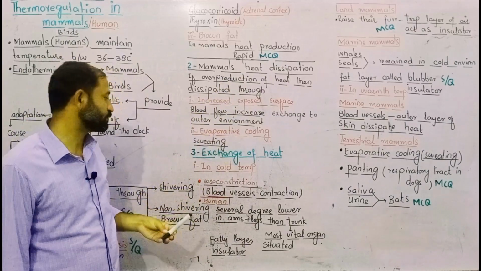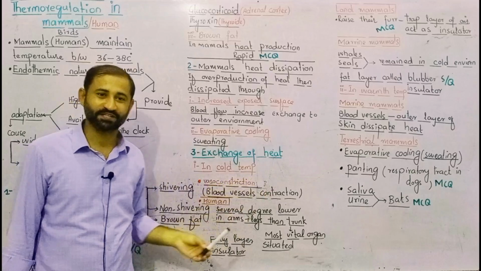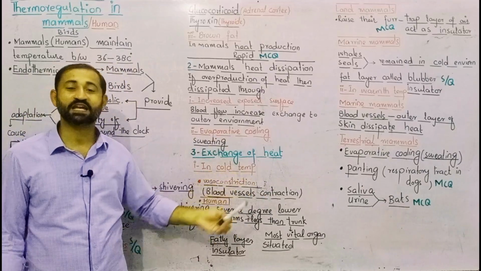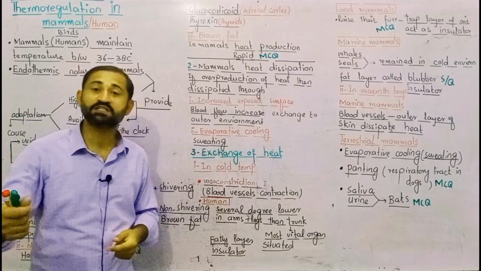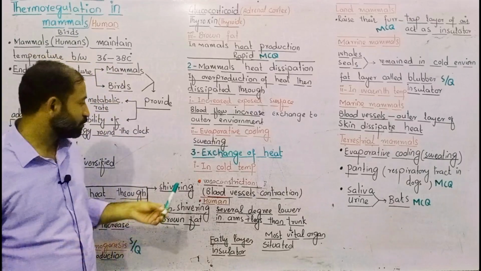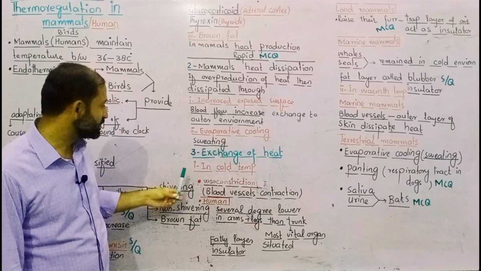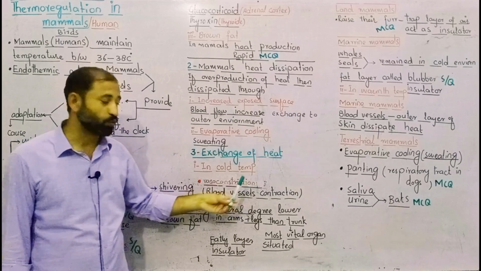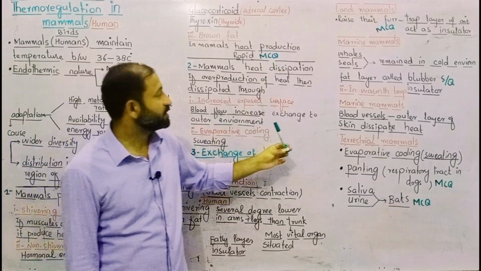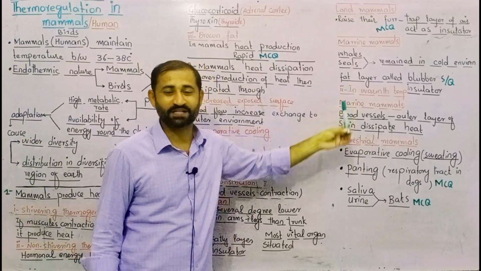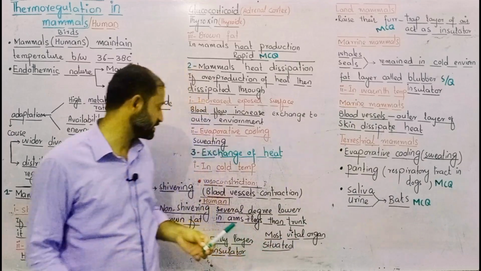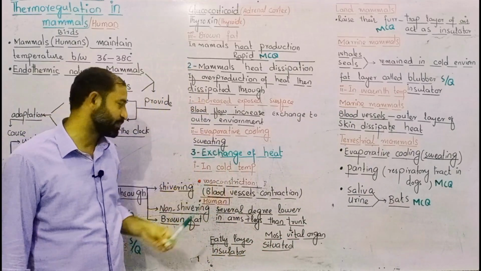Number 3, the third and last one, is exchange of heat, that is, how heat is exchanged between the animals and their environment. So there are 2 different conditions: what occurs in cool temperature, and what occurs in warm temperature. You have to make these 2 headings. Number one, in cool temperature.